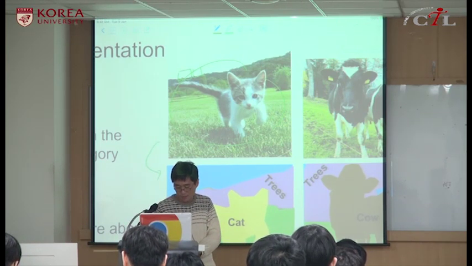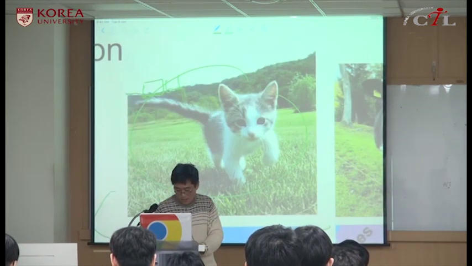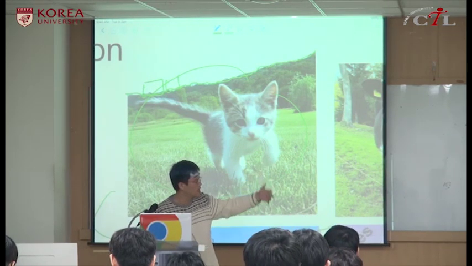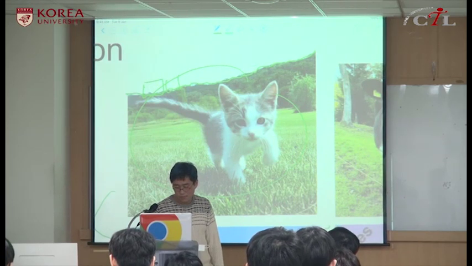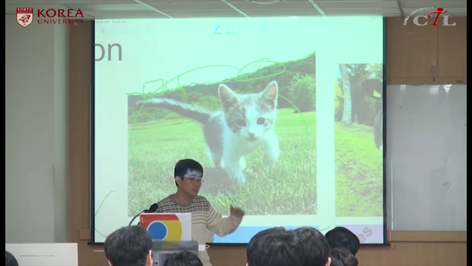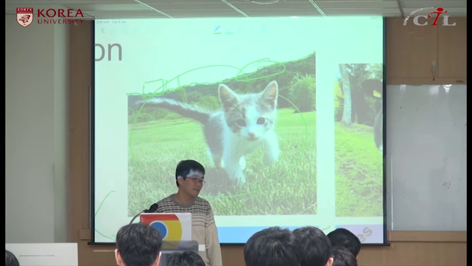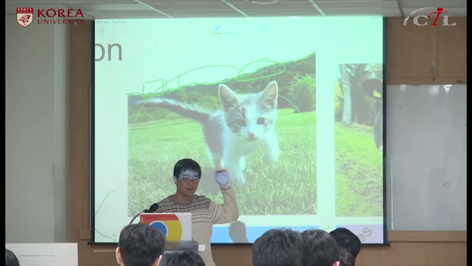So this nice edge should be drawn exactly following this boundary between the sky and the trees, right? But how can we recover or reconstruct the exact information about this position in terms of these edges, right?